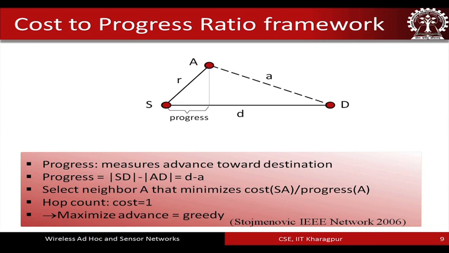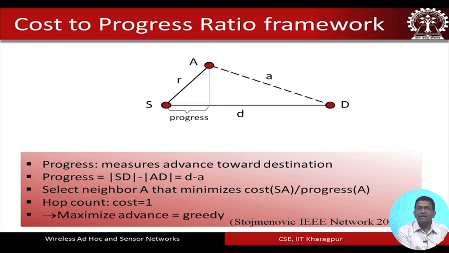Let us say that we have a node A to which node S can send a packet. When we take the projection from A onto SD, this becomes the progress.